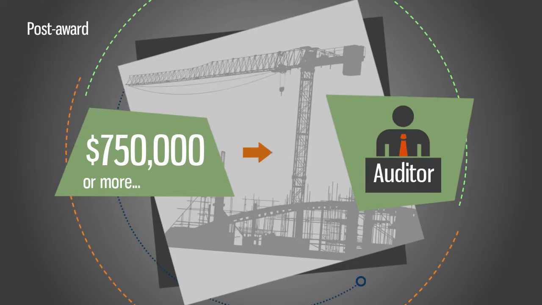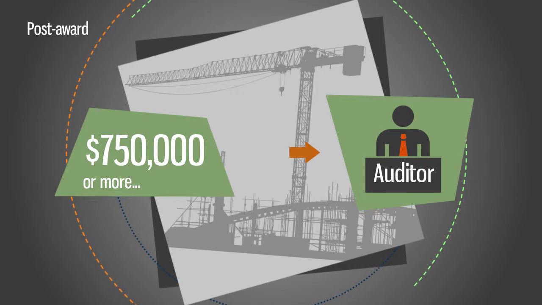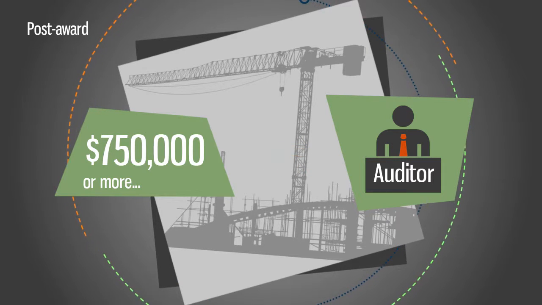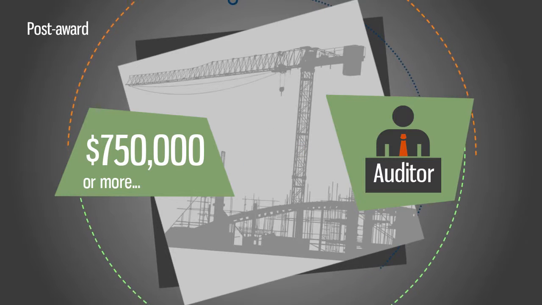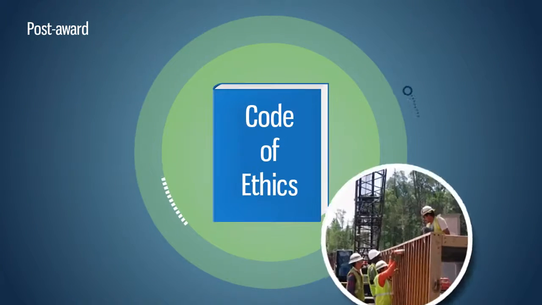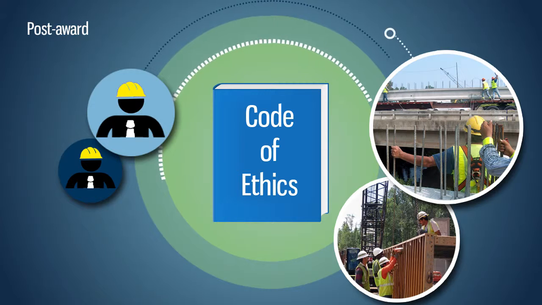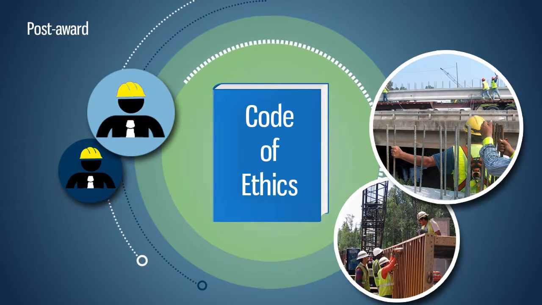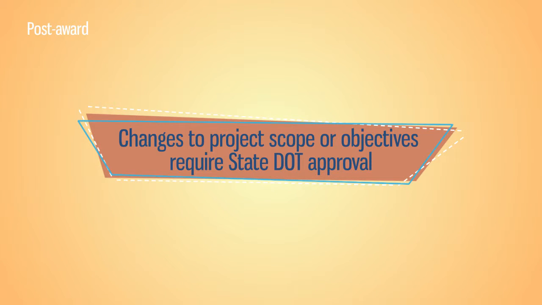If your agency expends $750,000 or more in federal awards in a fiscal year, it will need to hire an independent auditor to perform a single audit in accordance with generally accepted government auditing standards. Your agency must also maintain a written code of ethics which governs employee performance for award and administration of contracts. In addition, in order to make any changes to the scope or objectives of a project, your agency must obtain approval from the state DOT.